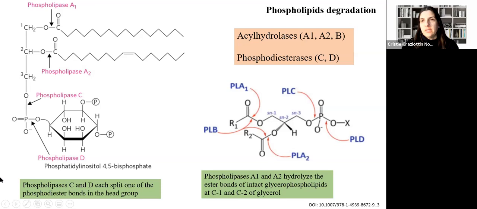They can be acyl hydrolases, as is the case for phospholipase A1, A2, and B, or phosphodiesterases, as is the case for phospholipase C and D. Phospholipase A1 and A2 hydrolyze the ester bond of intact glycerophospholipid at carbon 1 in the case of phospholipase A1 and carbon 2 in the case of phospholipase A2, and both carbon 1 and 2 for phospholipase B. Phospholipase C and phospholipase D each split one of the phosphodiester bonds in the head group, as you can see here.